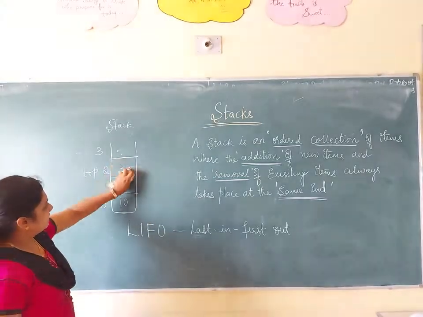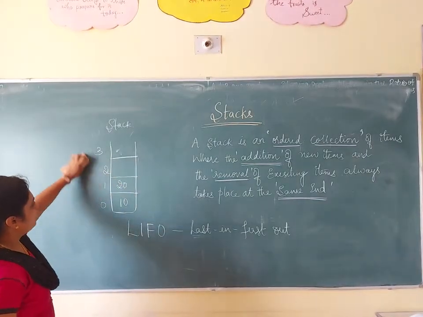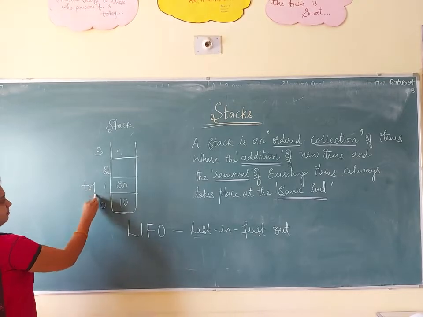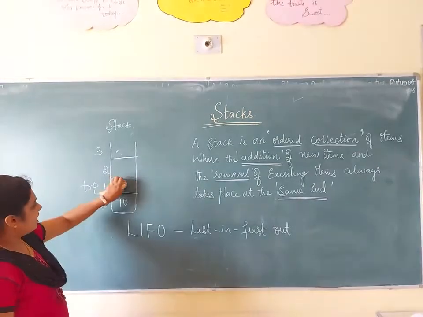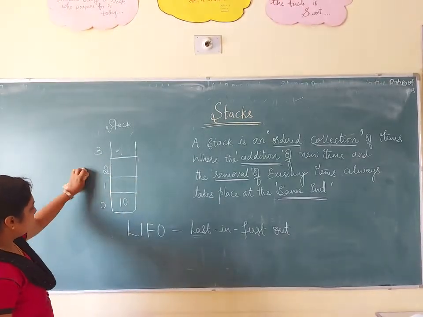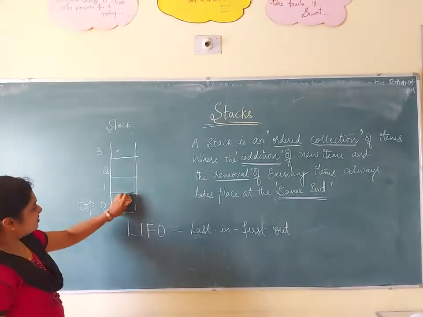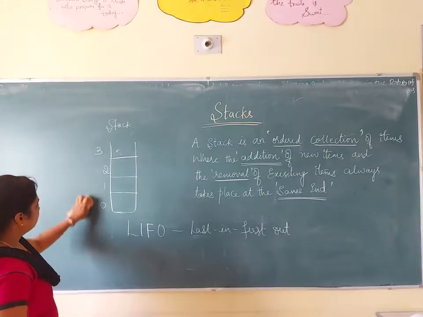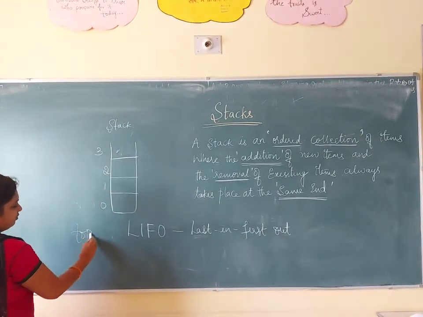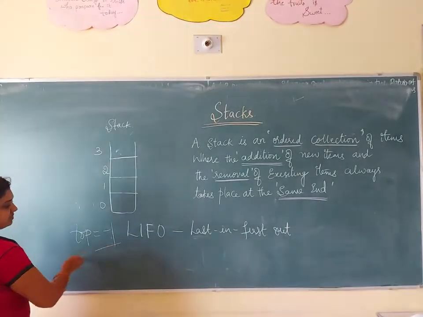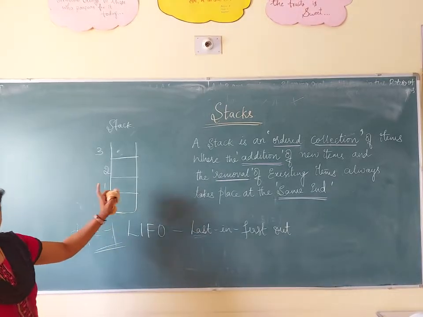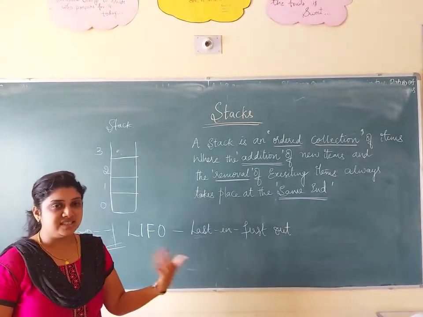I have deleted 30. Now the top will be decremented to position 1. I have deleted 20. Now the top is pointing to 0. I have deleted 10. Now the top is pointing to -1. -1 indicates the stack is empty. In the sense, you can insert an element.